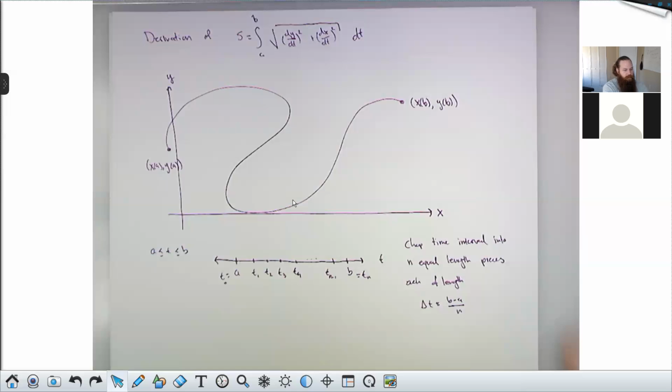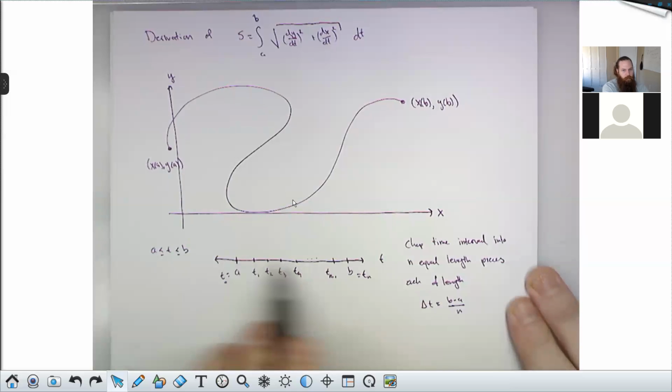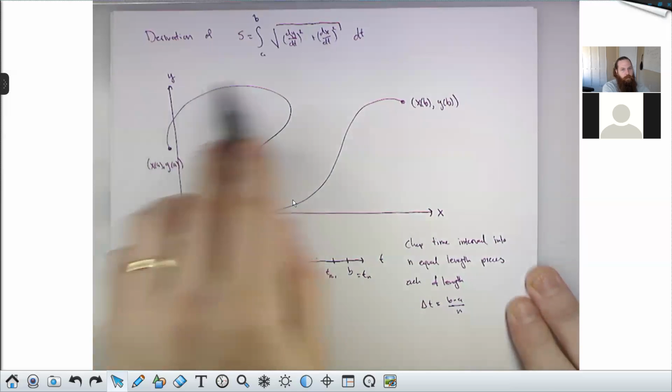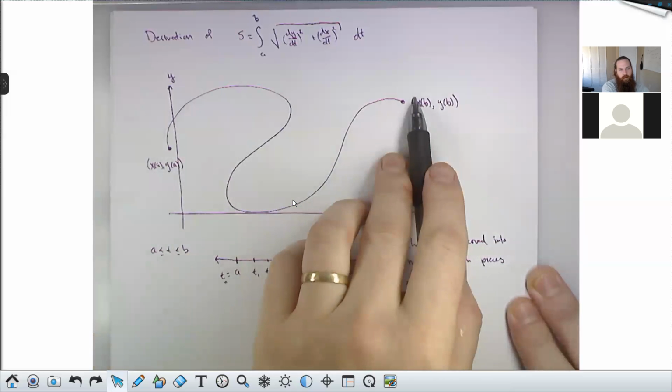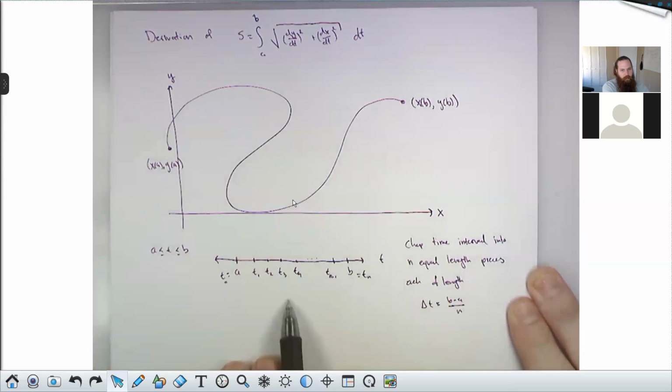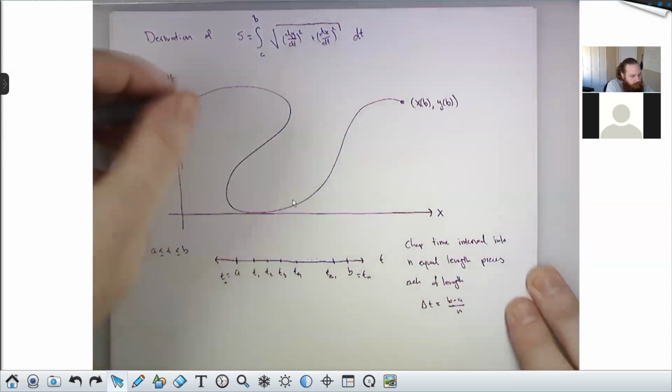You can kind of think of this as a slider. You can move back and forth, and as you move that slider, your point moves around on this curve. This slider is not a part of the geometric space here. It's totally separate. So each one of those t values is going to correspond to a point on the original graph.